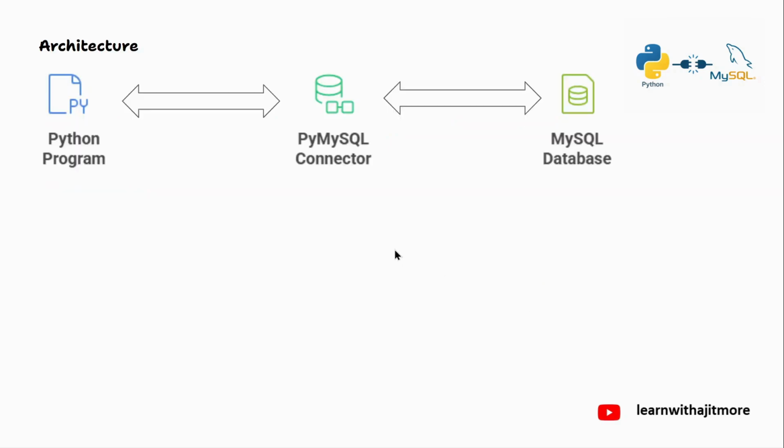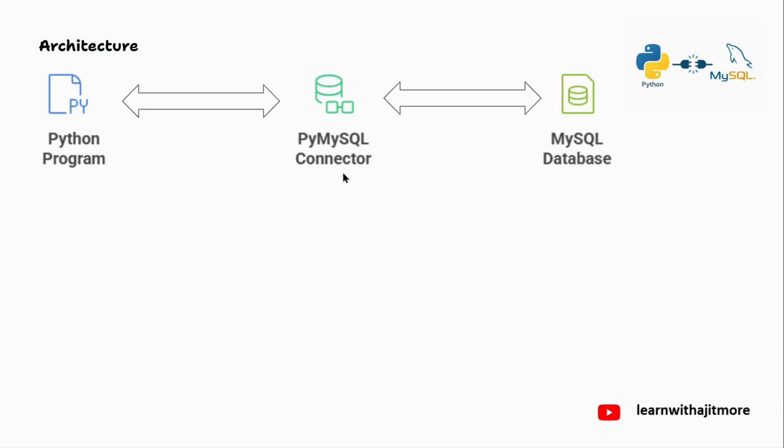Okay, so the basic idea, I hope you got it, guys. Now, how does the architecture work? So this is your Python program. This is the library which Python people have developed specially for MySQL, called PyMySQL. If you want to deal with Mongo, there is a separate library. For every database, they have made different libraries.